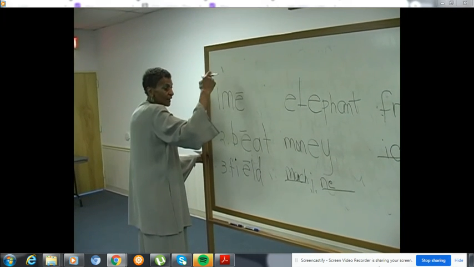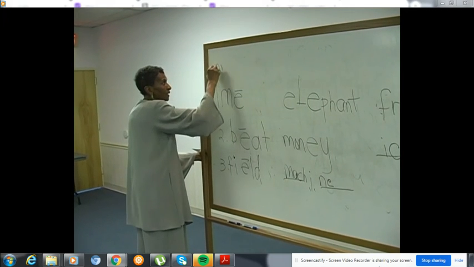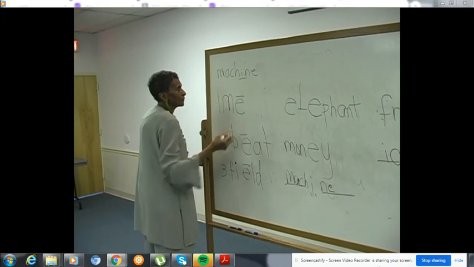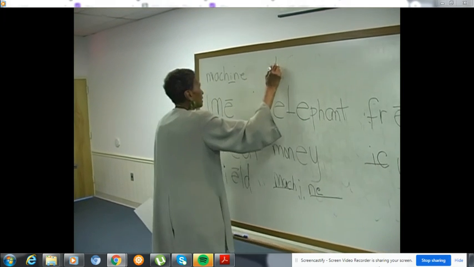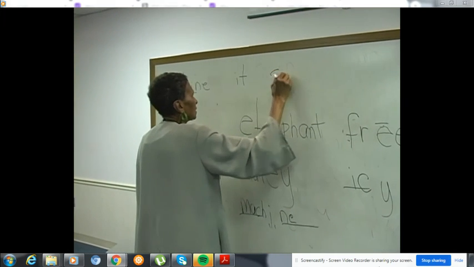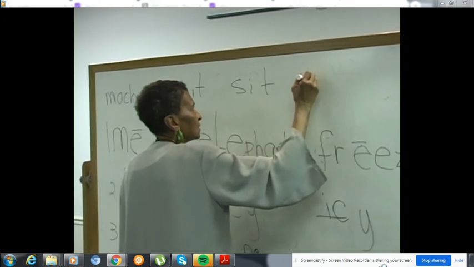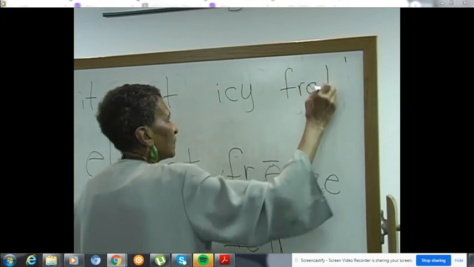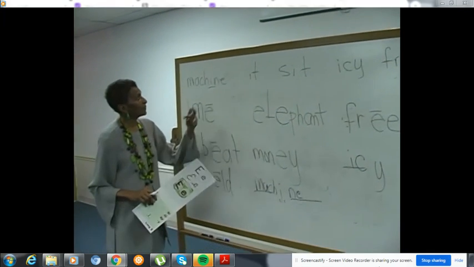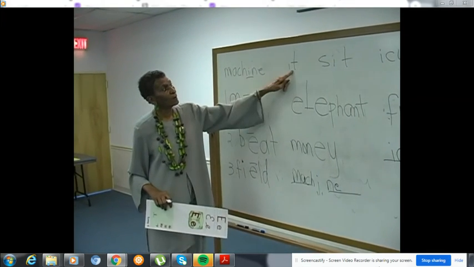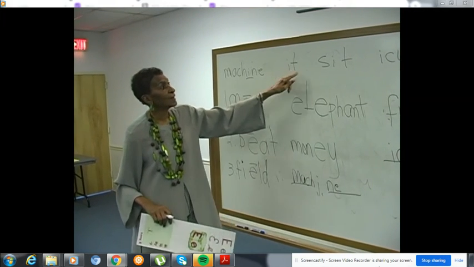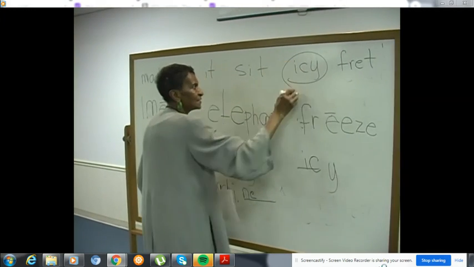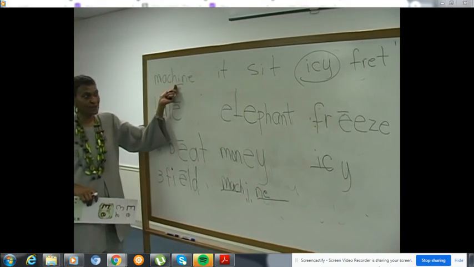Underline the word that has the same sound as in machine. If children have not been taught, they are going to choose either the word it or set, instead of the I in it, which has the same sound as the I in machine.